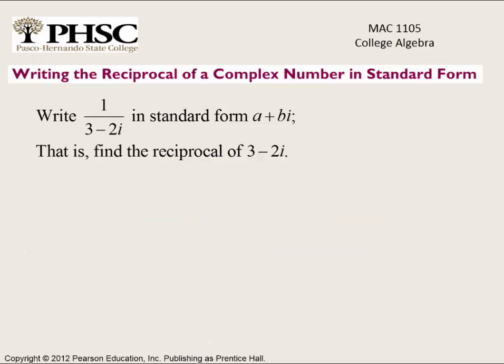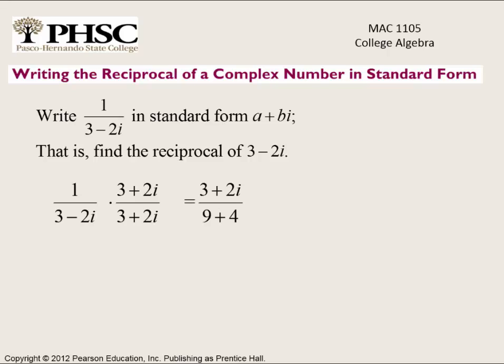So the next thing we're going to do is write the reciprocal of a complex number in standard form. We're going to write 1 over 3 minus 2i in standard form of a plus bi. So we're going to find the reciprocal of 3 minus 2i. Here we have 1 over 3 minus 2i times 3 plus 2i divided by 3 plus 2i.